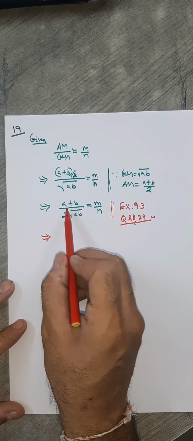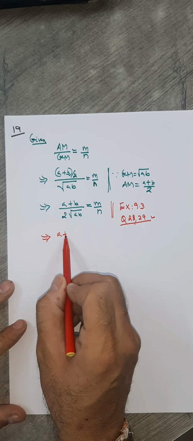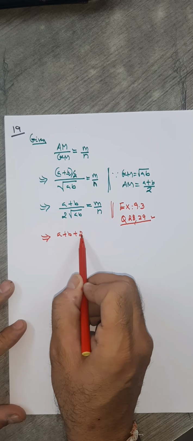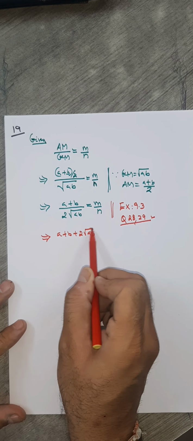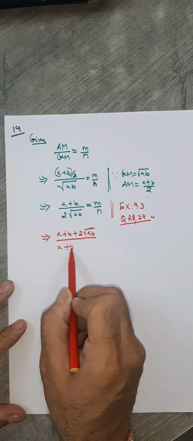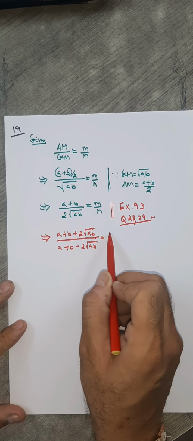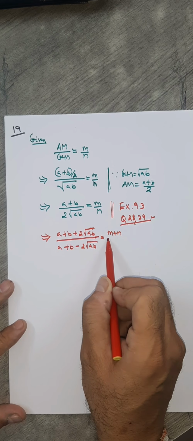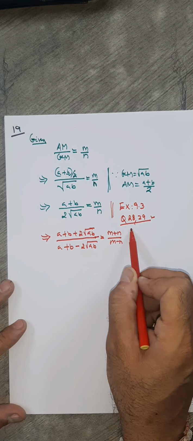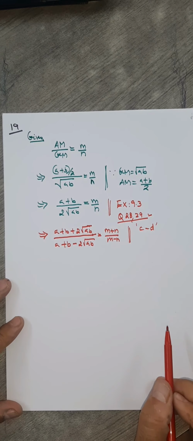So what we'll do here, if you just recall these two solutions, I'll do this a plus b plus 2 root ab. Why I did it like this and what I did, that's the next question, a plus b minus 2 root ab. Can you recall componendo and dividendo? m plus n upon m minus n. We did this in these two questions, CD rule, componendo and dividendo.